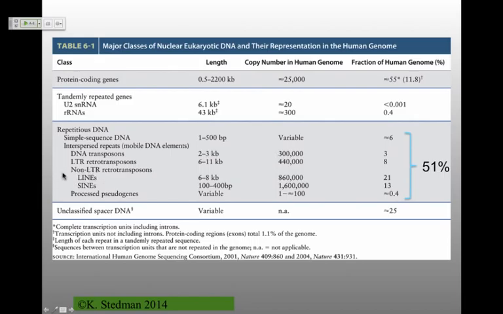Of those, the LINEs and SINEs, the long interspersed nuclear elements and small interspersed nuclear elements, which are, again, transposons, comprise the largest part of that. Between the two of them, they're about 34, 35% of the genome, and in some cases, people say up to about 40% of the genome.